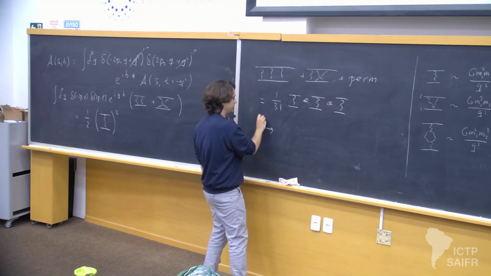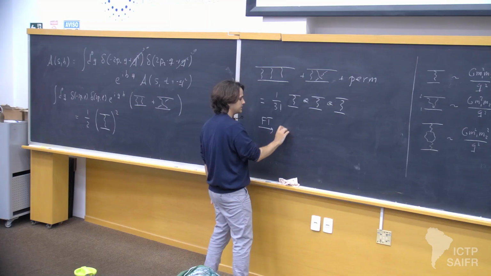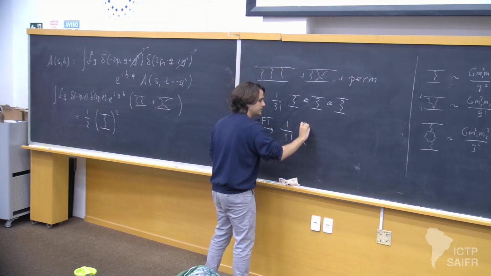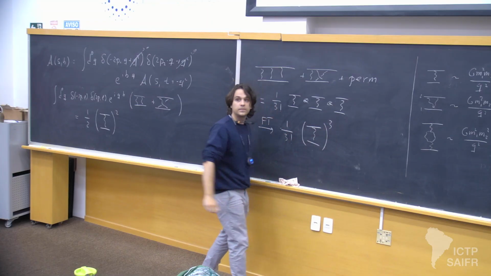So when I would do the Fourier transform, I would find that this is 1/3 factorial times the cube of the tree.